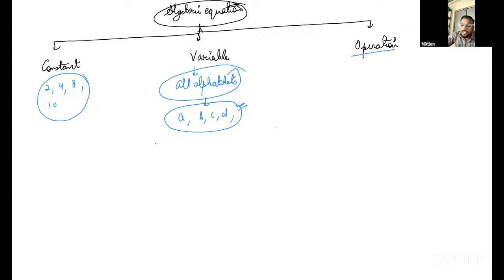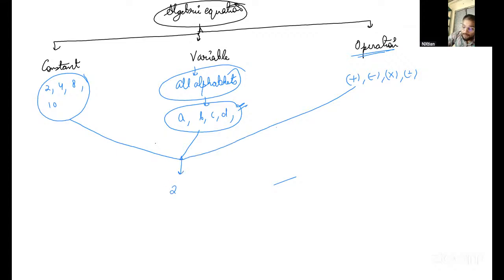Then operations like plus, minus, multiplication, and divide. These are called operations. If I use all these three, I get an algebraic equation like 2x plus y is equal to 9. Here 2 and 9 are constants, x and y are variables, and plus is the operation.